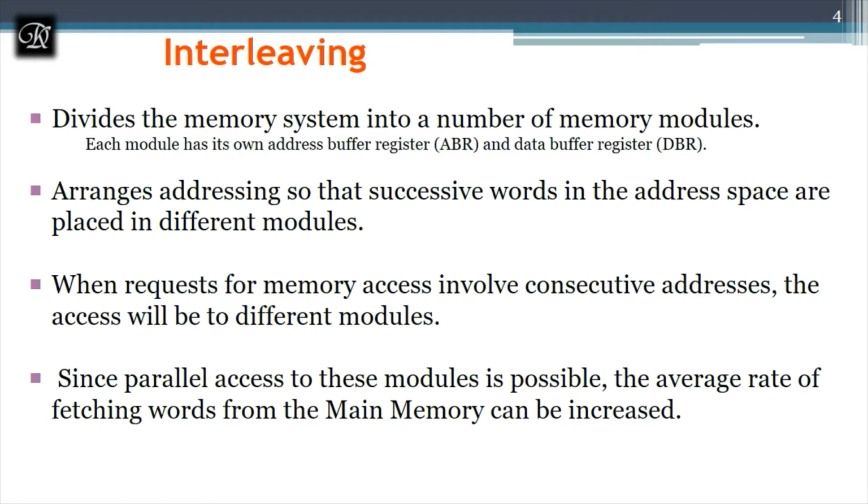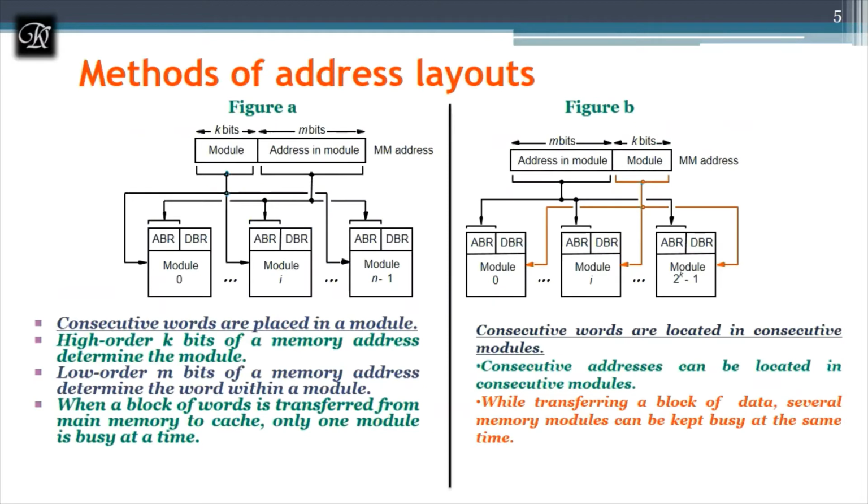We'll see what interleaving techniques are proposed. There are two methods proposed for interleaving. How the individual addresses are distributed over the modules is critical in determining the average number of modules that can be kept busy as computation proceeds.